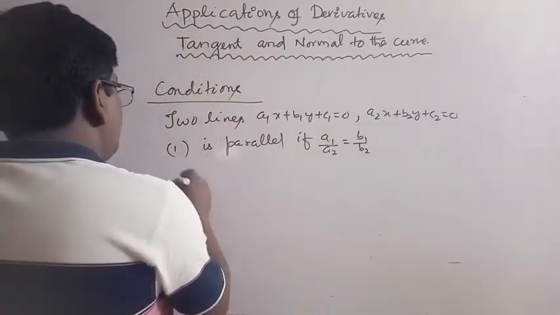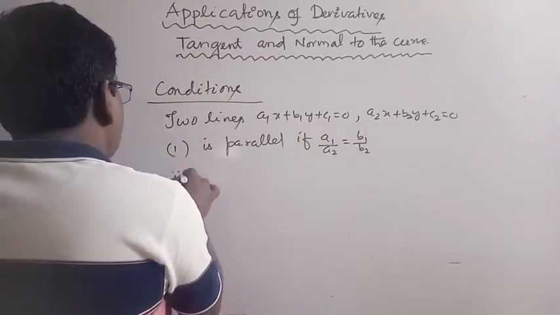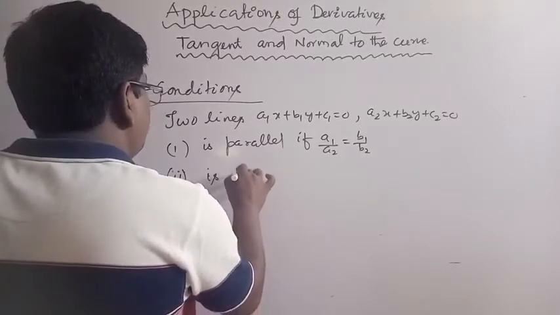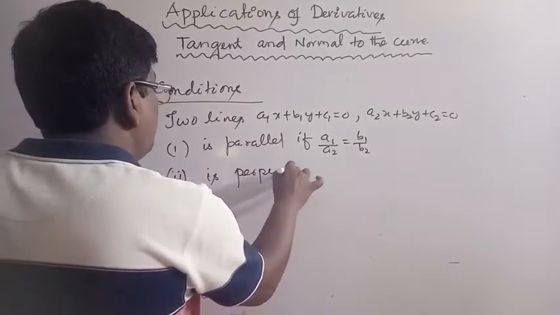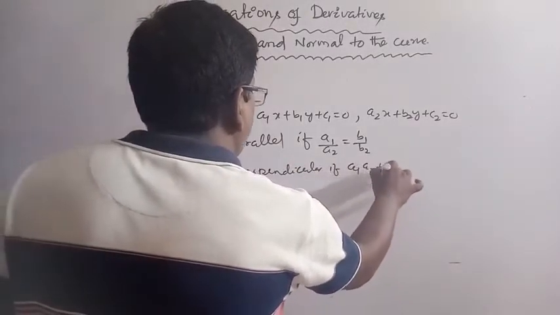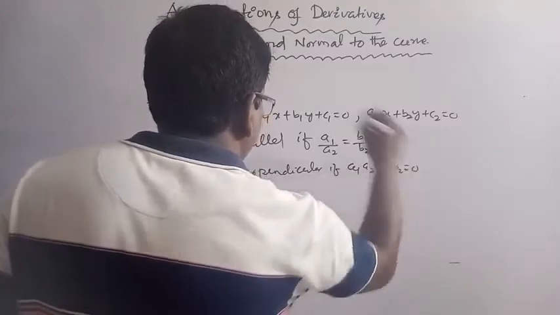Number two, perpendicular if a1 a2 plus b1 b2 is equal to 0.